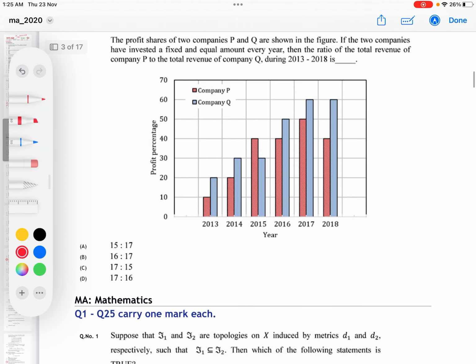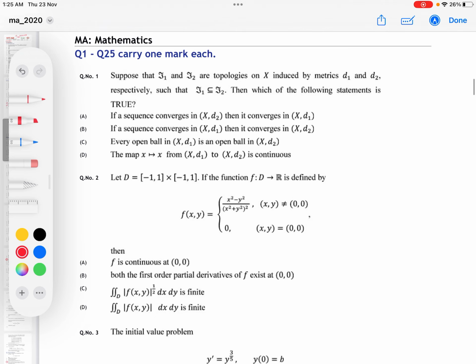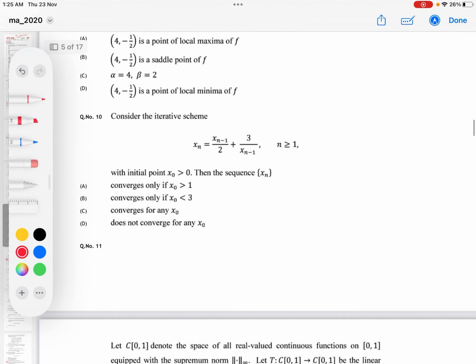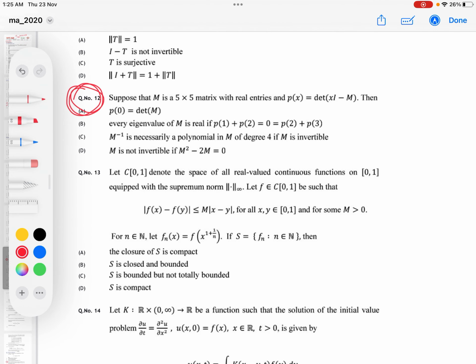Now let's move to another question, that is question number 12. Suppose that M is a 5 by 5 matrix with real entries, and this is nothing but how we write the characteristic equation of the matrix.